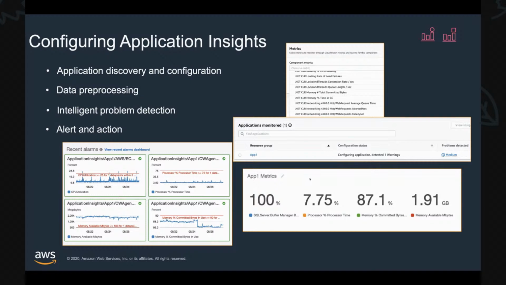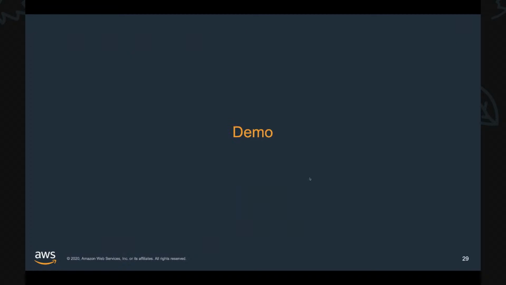But of course, you can customize this, right? Because in an IIS web server, some performance metrics might not be important. Or maybe in a SQL Server, there are some important metrics that you really want to see. Those are included because Application Insights is designed based on best practices around running those applications.